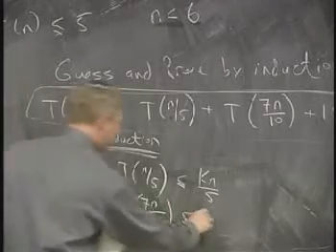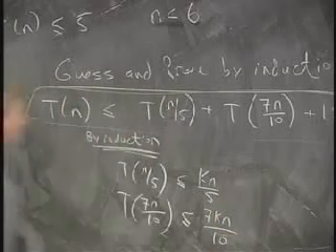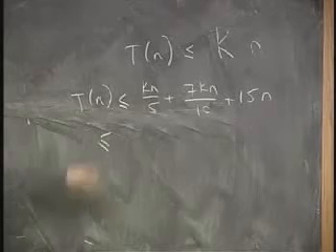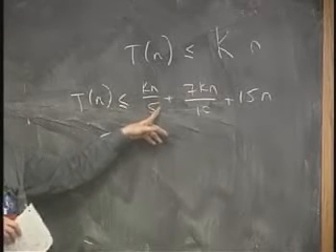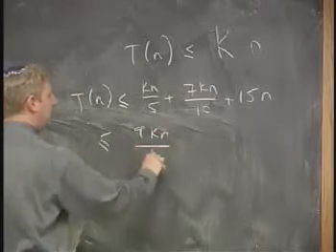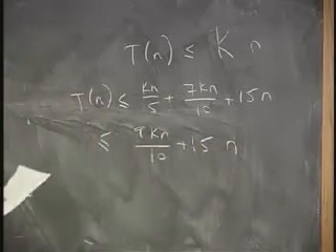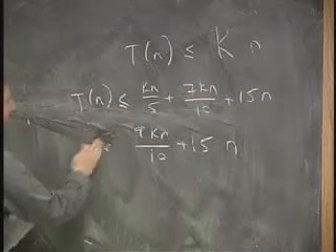So here you go: 7kn over 10. Let's go through the same steps. Let's add it together. kn over 5 is the same as 2kn over 10. True? So I get 9kn over 10 plus 15n. You can have an equal now; it doesn't have to be less than. Yes, you're right.